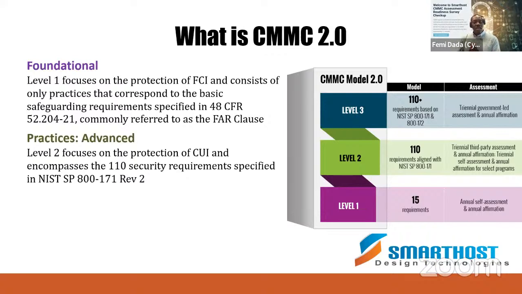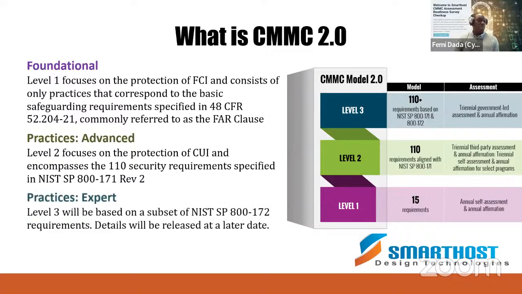So in a nutshell, level 2 is directly proportional to NIST 800-171. So in this case, if you're coming in at level 2, literally you can take NIST recommendation 800-171 and apply it, and you will be ready for your compliance with CMMC level 2.